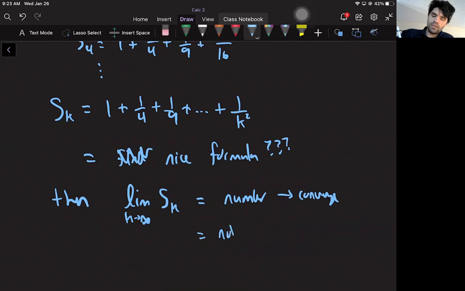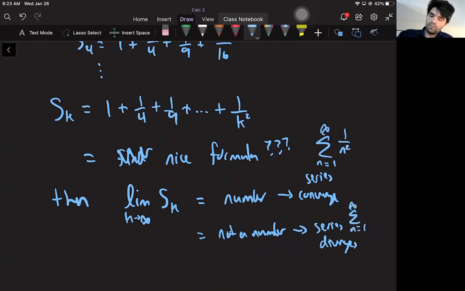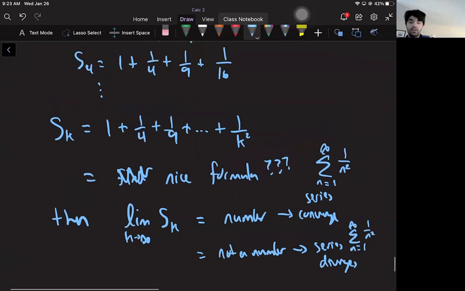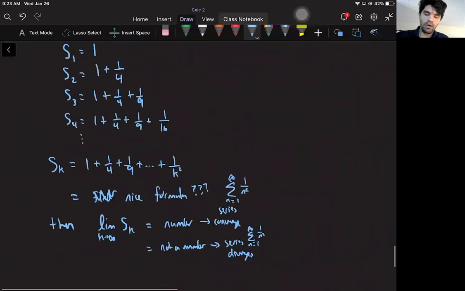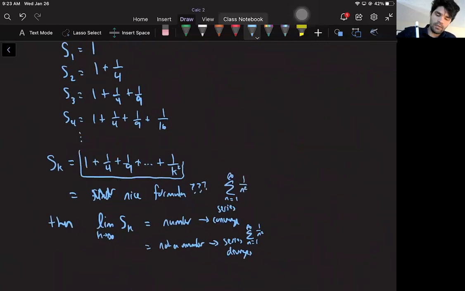Otherwise, if it's not a number, like it goes to infinity or it just diverges, then that would tell you that the series diverges, the original series being this thing. So there's a lot more work to do. It's very hard to find a nice formula for this guy that you can take the limit of. You cannot take the limit of it right now as it looks, because you don't have an explicit formula for it. You just have it as it is.